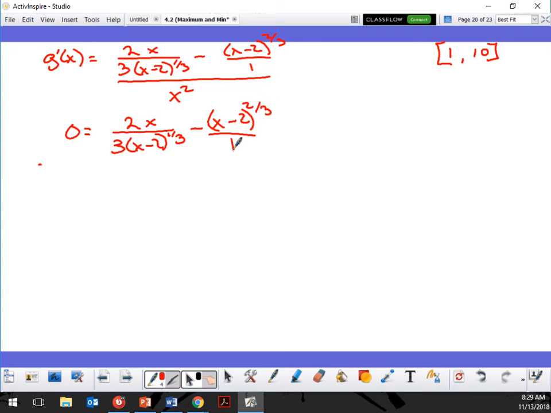Because I multiply both sides by x squared. That's going to get rid of my x squared, because 0 times x squared goes away. Now, look at my denominators. I cannot have what in the denominator of a fraction? 0.